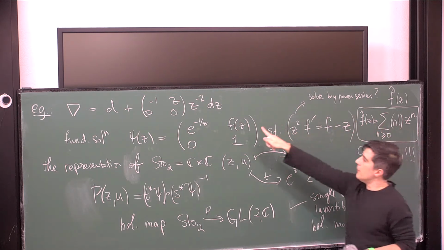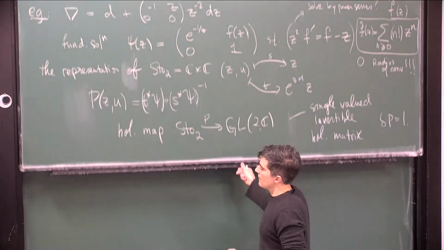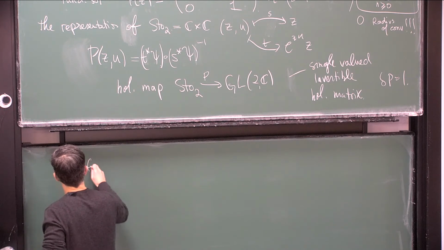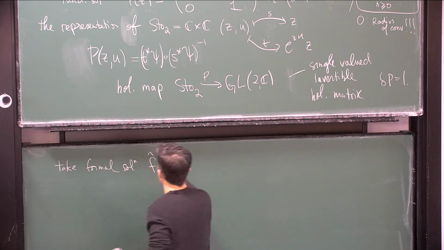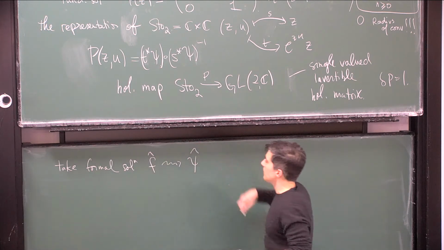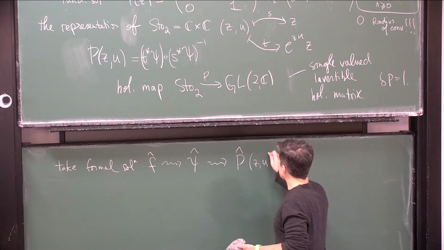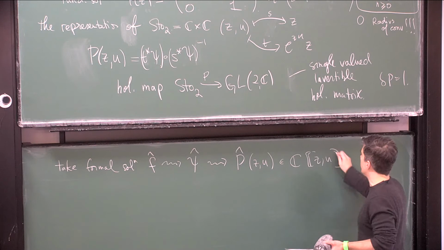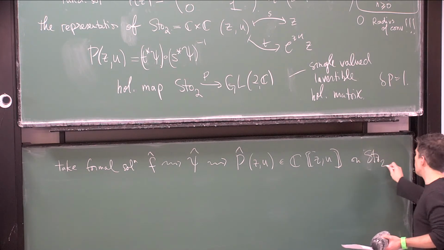So let's plug it in here. We get a formal solution psi. We take the formal solution f hat, we put it into psi hat, and we put it into p hat. So this will be now a power series in 2 variables, z and u, on Sto 2, sorry.